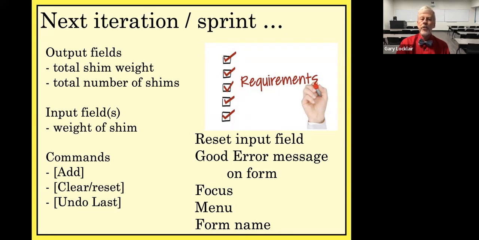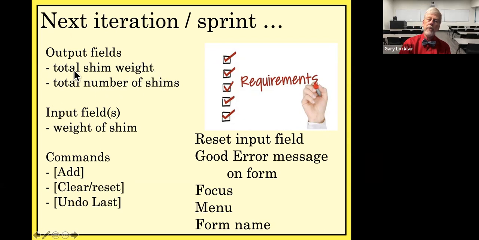In addition to a single output field that has the total weight, you're doing a running total on weight. Now you need to count how many shims have been added up. So here's another running total, but this running total isn't on the input value.